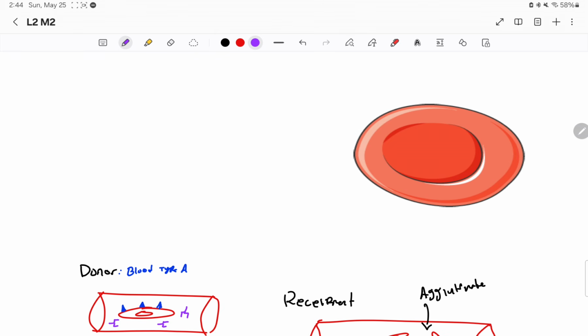Those glycoproteins, or that glycocalyx, carry these glycoproteins on the surface of plasma membranes. Now, in this video, we're going to talk about the surface antigens or proteins on the surface of this red blood cell.